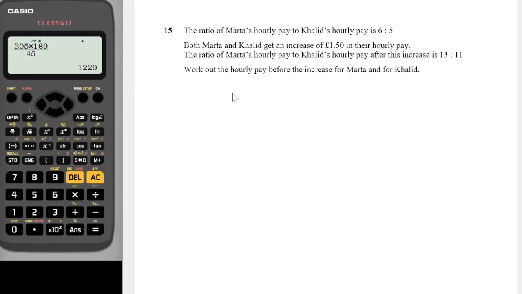Okay, question 15. The ratio of Marta's hourly pay to Khalid's hourly pay is 6 to 5. So at the start we've got M and K, and that's 6 to 5. Both of them get a £1.50 pay increase.